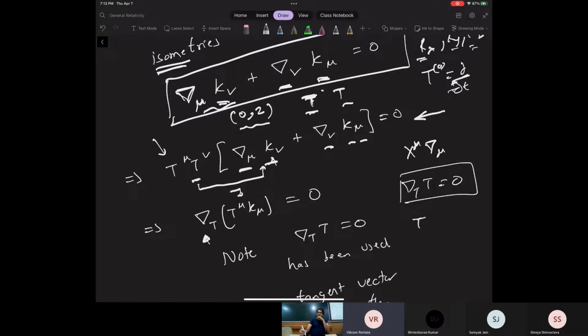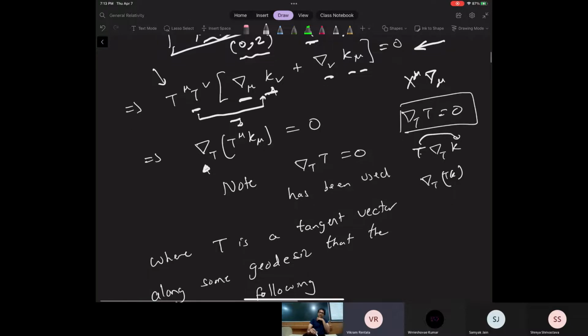Instead of having T something which is schematically like this, I can pull this T inside, and this T is dotted with this K. So I get ∇_T (T·K), and that's it. What we have at the end is that along the trajectory, if you take the derivative, T·K, where T is a tangent vector and K is a Killing vector, this dot product of the 4-vectors T and K does not change.